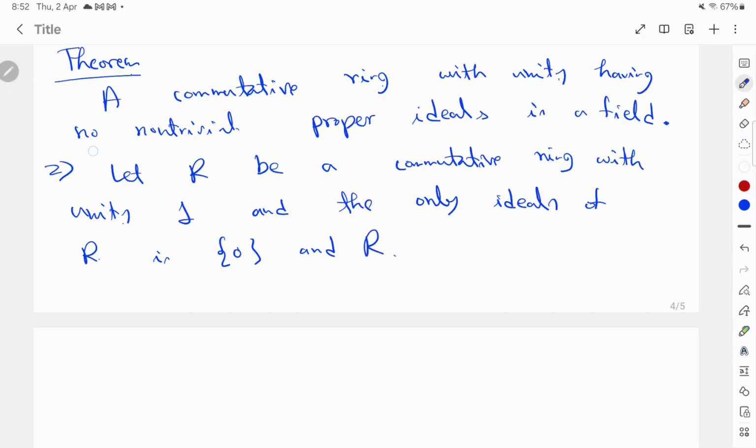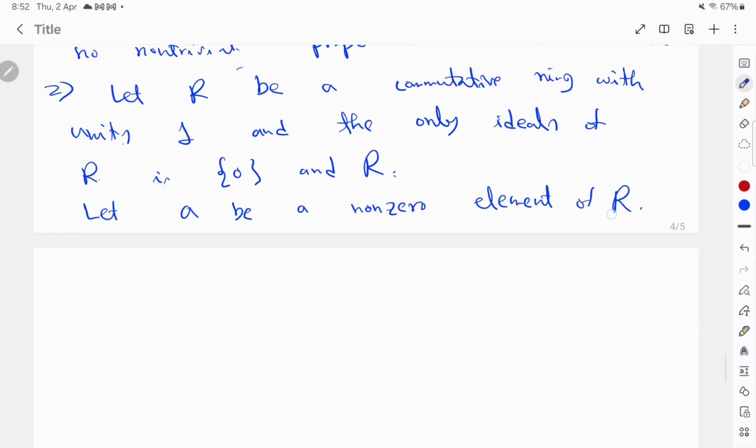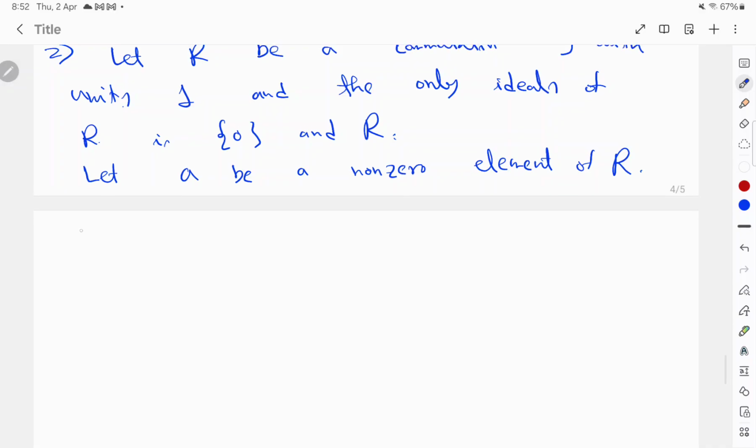Because there are no non-trivial ones, there is just 0 and R, that's it. Now you are considering any arbitrary non-zero element. Let a be a non-zero element of R.